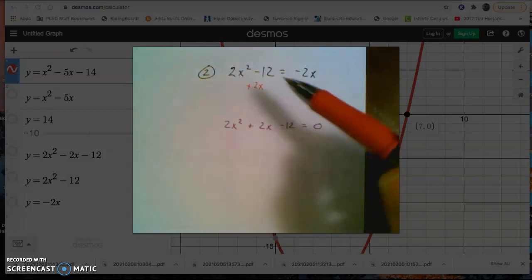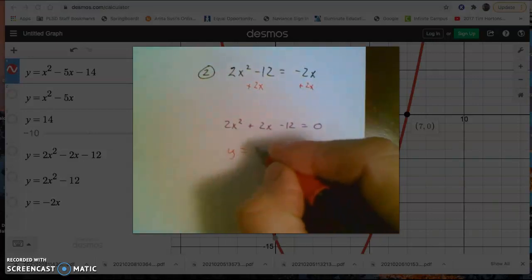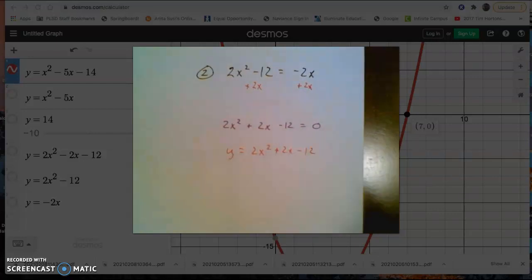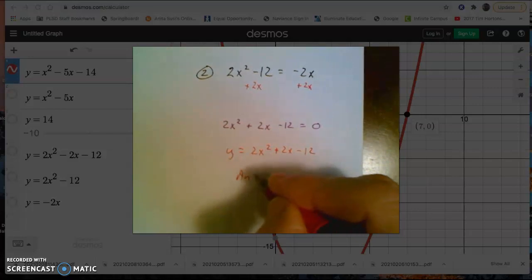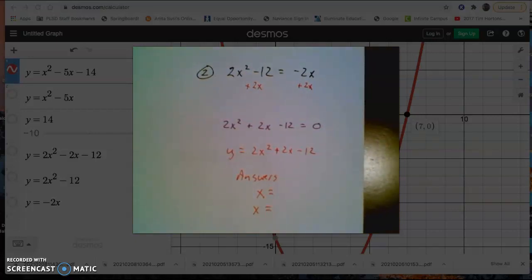Notice I put it in standard form. And now I'm going to change this into y equals 2x squared plus 2x minus 12. I'm going to head over to Desmos and graph it. And when I get the x-intercepts, I'm going to have the answers. There should be probably, but not always, two x-intercepts, and those will be our answers.